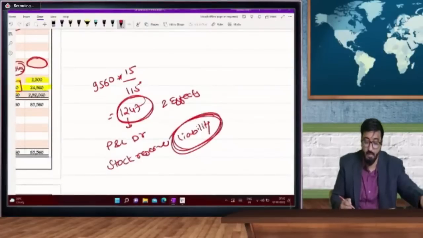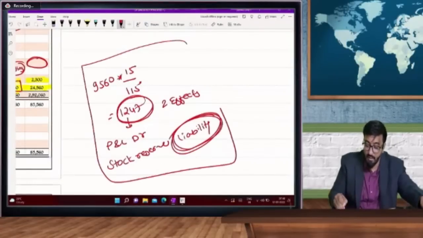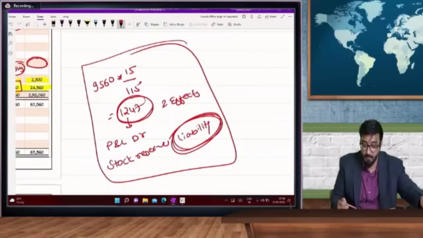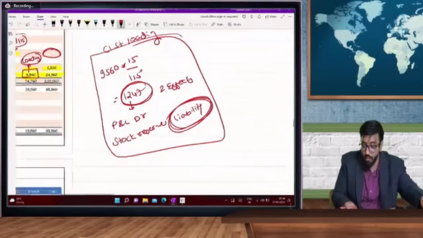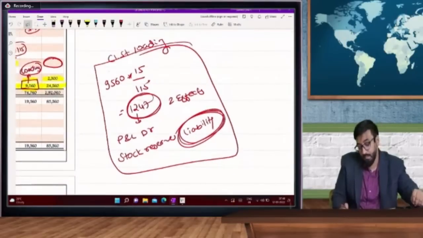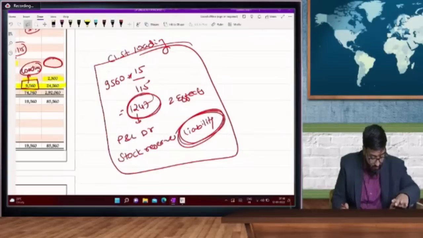Liability side. So remember this 1247, closing stock loading. You can write it somewhere on question also if you want. Closing stock loading will be 9560 into 15 upon 115. This is very important. And it has two effects, friends.